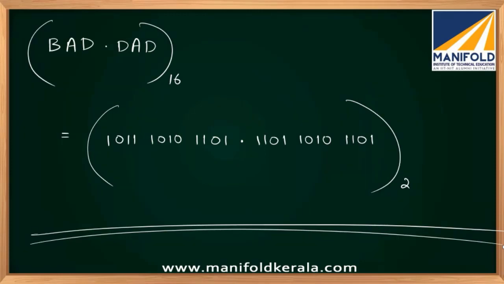Now, what about the reverse way? If an octal or hexadecimal number is given, we know how to convert it into binary. You just replace each octal or hexadecimal symbol by its equivalent binary string, and you get the corresponding binary of that number.